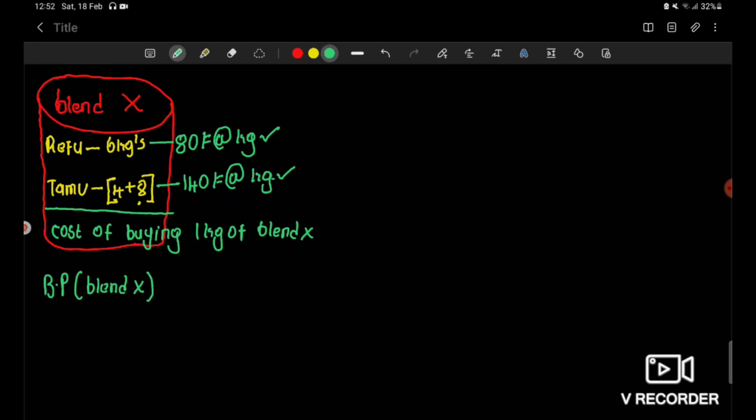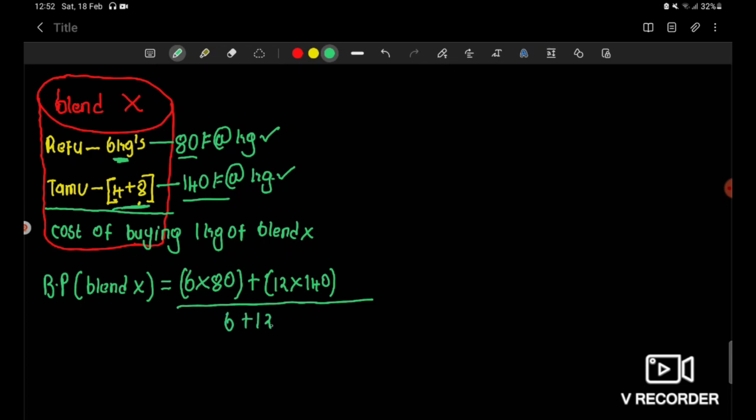the formula we use is we take the number of kgs we have, which is 6, we multiply with the price which have been given, which is 80 shillings, or we take the ratio, we add plus, what is the total kgs here? It's 12. We multiply with the price here, which is 140 shillings, and then we divide with the total kg or total ratio, which will be 6 plus 12.